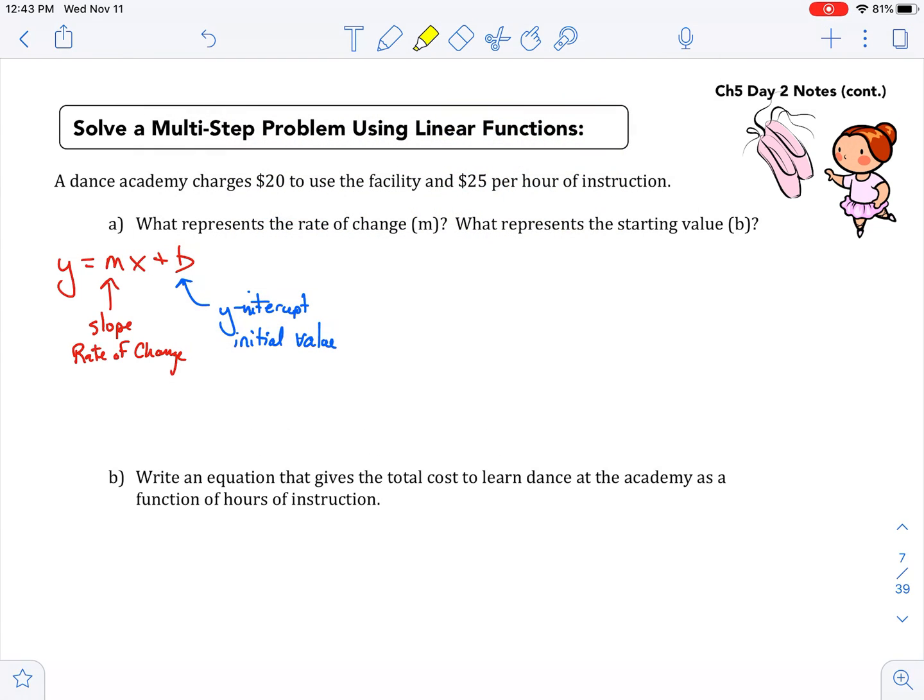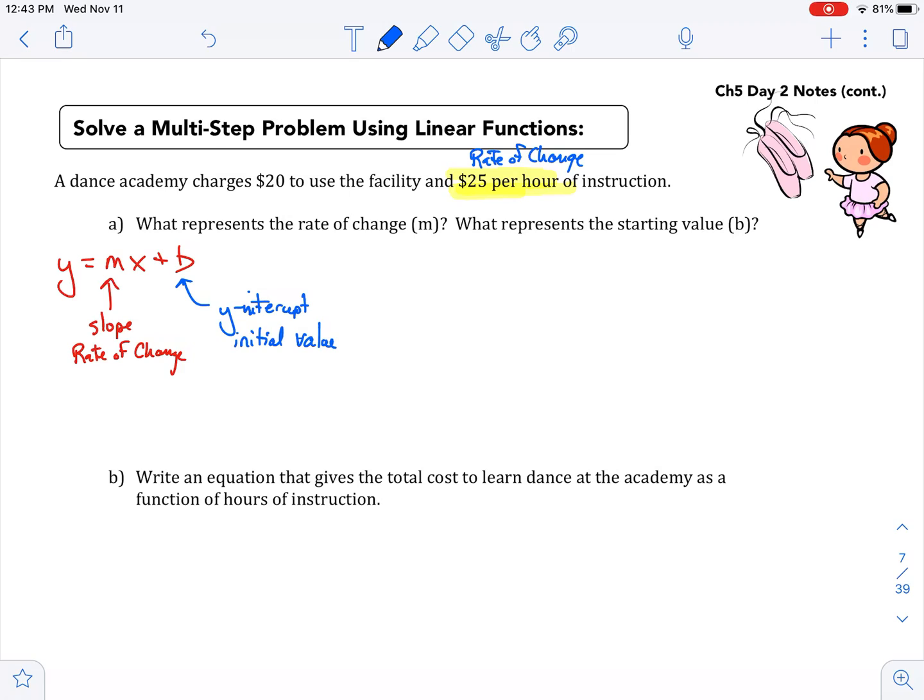It says the Dance Academy charges $20 to use the facility and $25 per hour of instruction. We know that $25 per hour represents a rate of change, because it tells you how something changes per hour. If you went for 1 hour, it'd be $25 plus possibly a fee. If you went for 2 hours, it's 2 times 25.